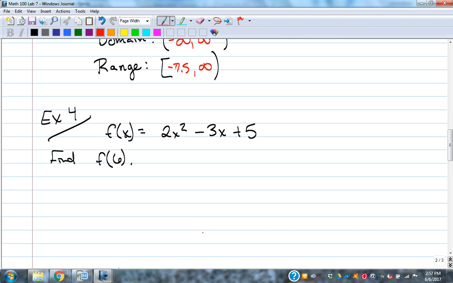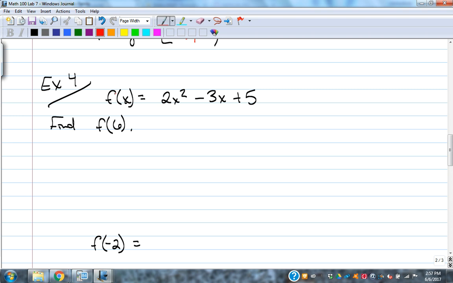Let's look at function value. Here we have a function f of x is equal to 2x squared minus 3x plus 5, and they ask us to find f of 6. To find f of 6, you take 6 and replace the x values with 6.